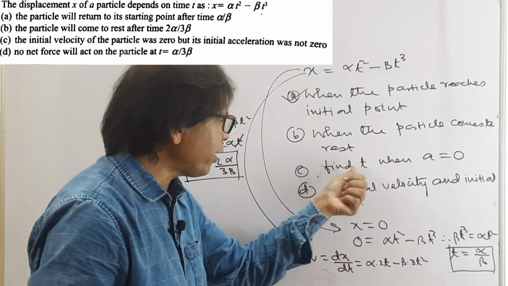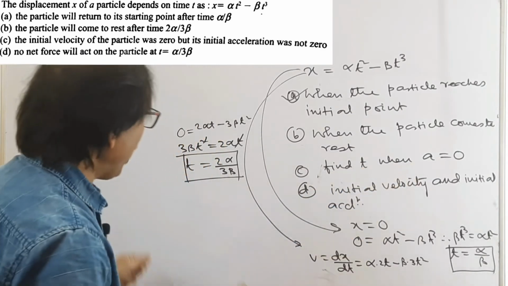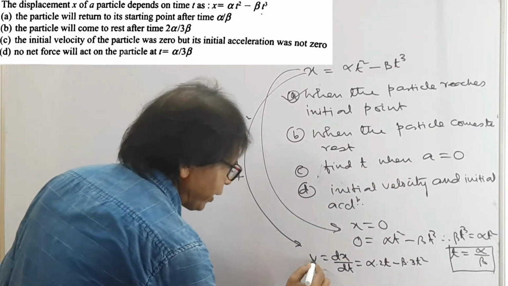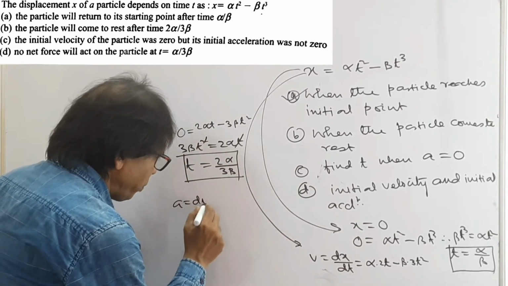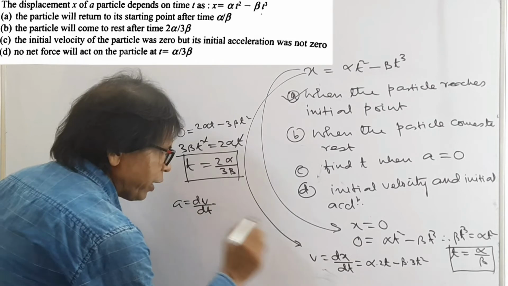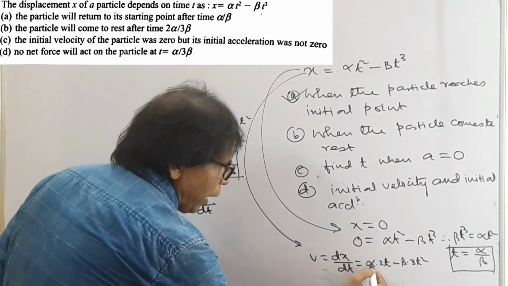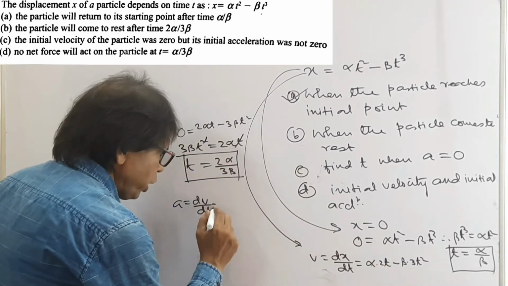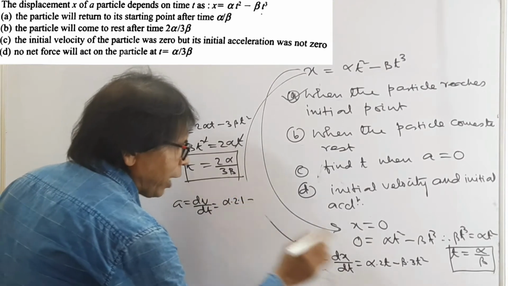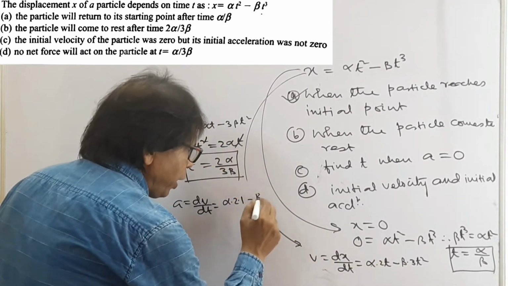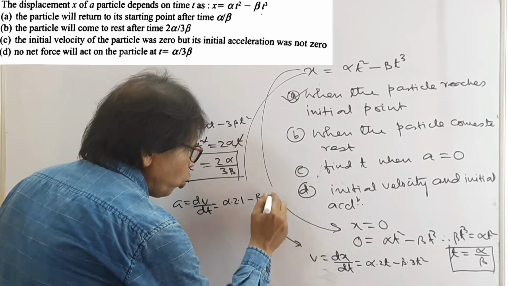Okay, find the t when a is 0. Now we have to calculate acceleration. Now here a equals dv by dt. Now look at this, alpha into 2t gives alpha into 2 into 1, and minus beta into 3 into 2t.